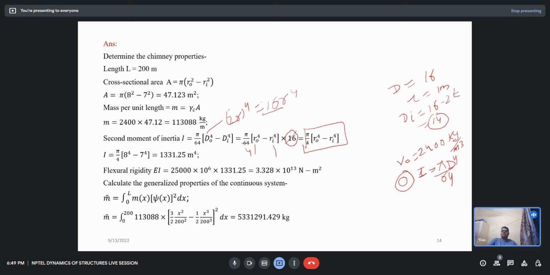Put the m(x) value, whatever we calculated here, and the shape function given in the question, with the length 200. If you do the integral using a calculator, we get this much mass.